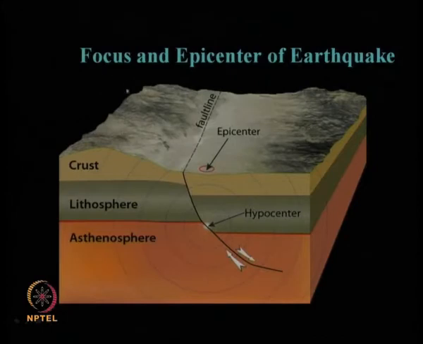The other name for focus is hypocenter of the earthquake; hypocenter and focus are the same term. If you project that hypocenter vertically onto the ground surface, the point where it meets the ground surface is called the epicenter of the earthquake.